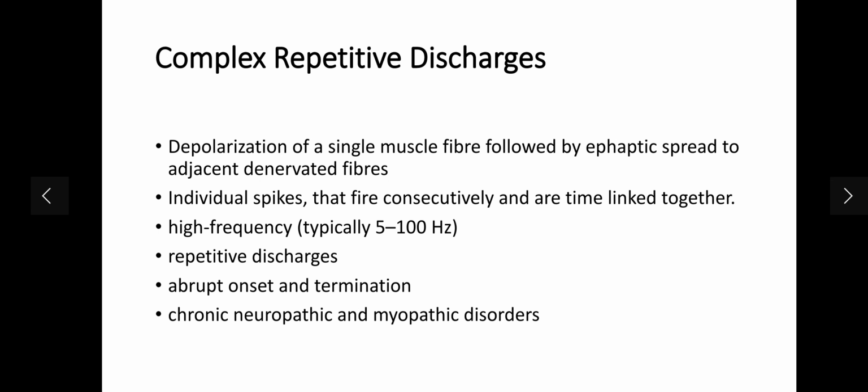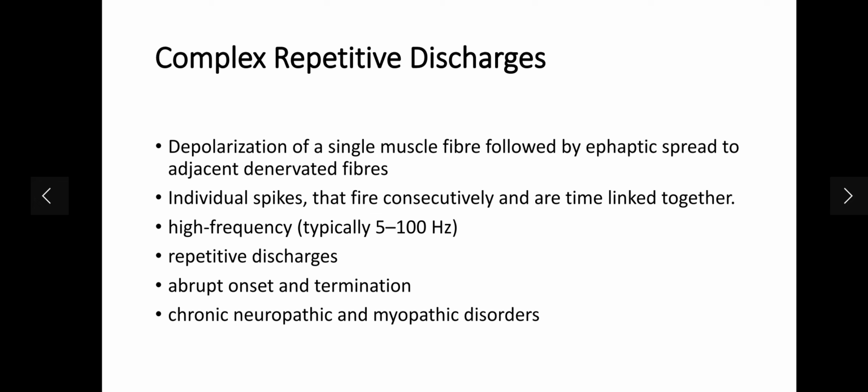Complex repetitive discharges are also seen in certain chronic neuropathic and some myopathic disorders. They're not very specific. They result from depolarization of a single muscle fiber followed by direct spread to the adjacent denervated fibers.